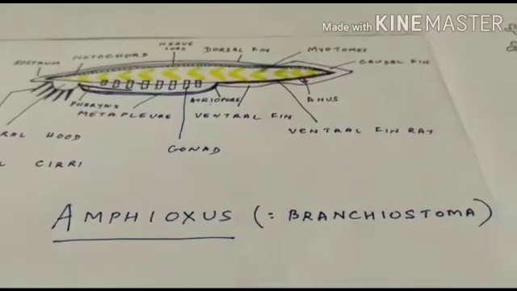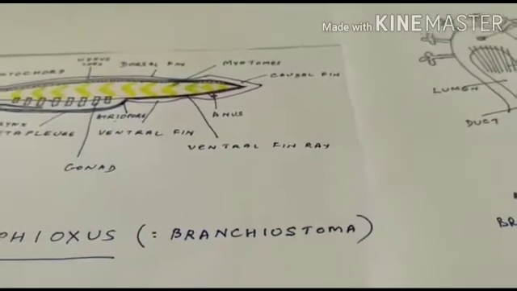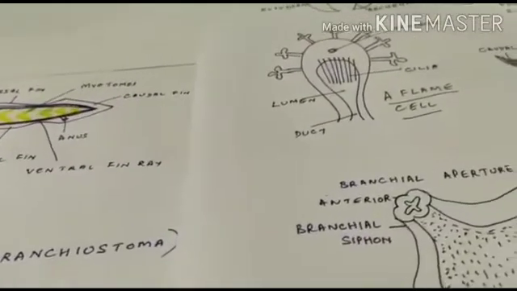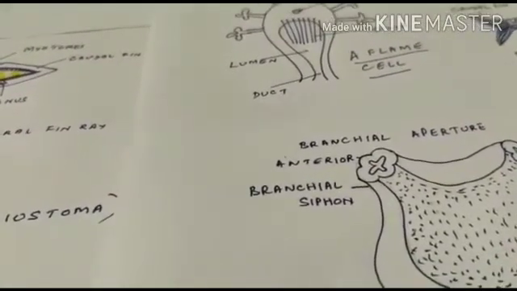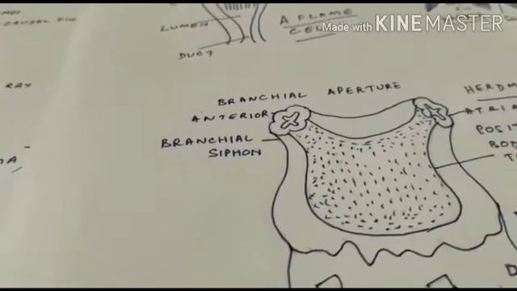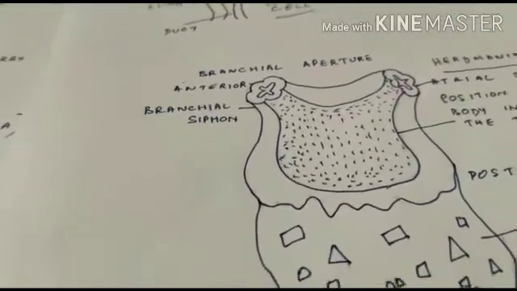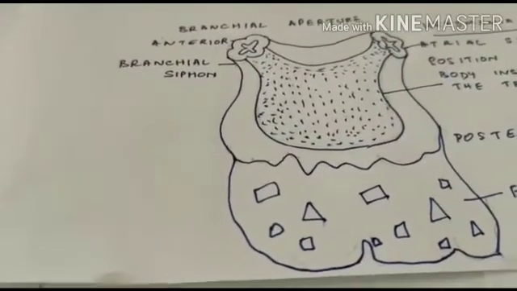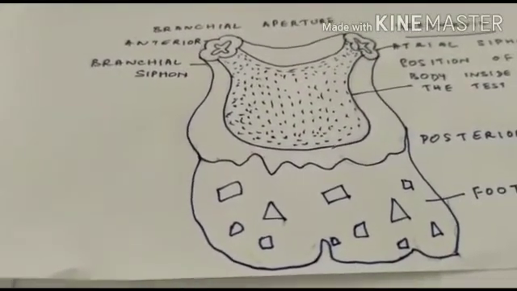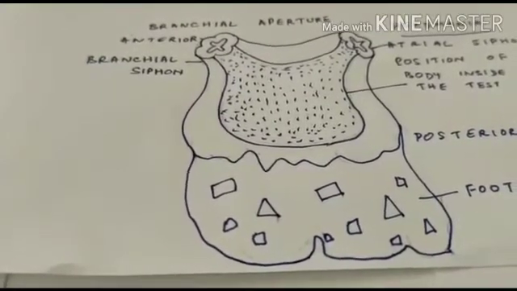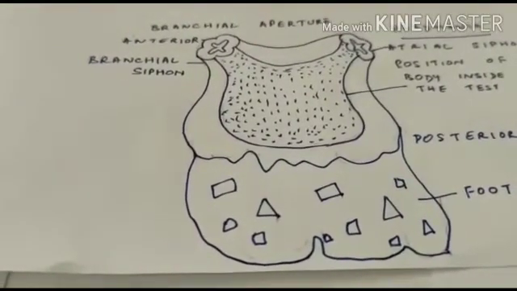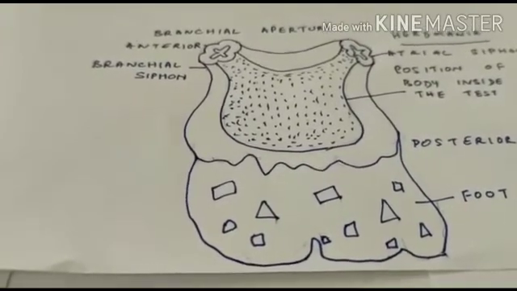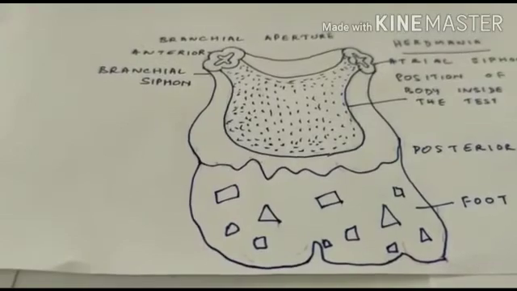In today's class, we will try to understand the various aspects of Amphioxus, and we'll try to understand the affinities of Amphioxus or cephalochordates with invertebrates, urochordates, and chordates.